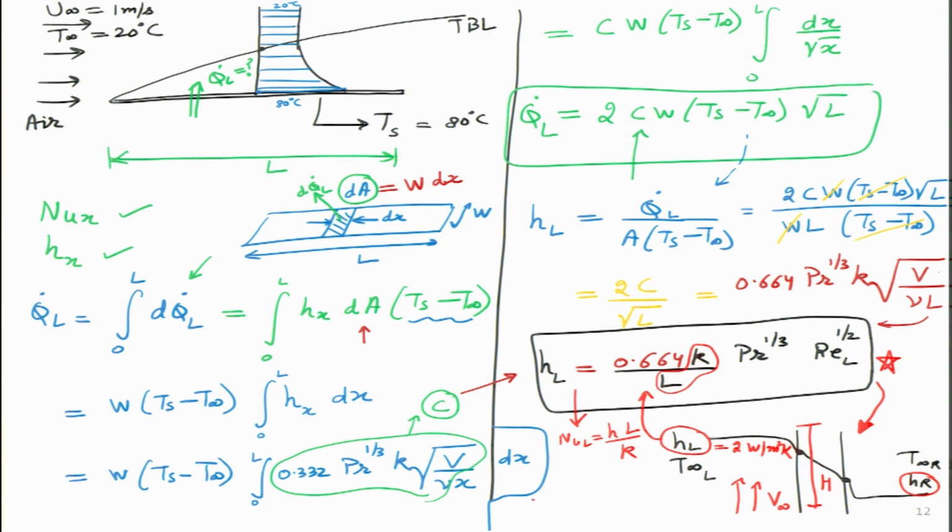And if I write a little bit small here, Nusselt as a function of L will simply turn out to be, maybe I will switch to another color, 0.664 times Prandtl to the power 1 by 3 and Reynolds to the power 1 by 2.